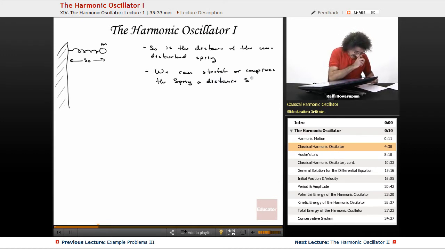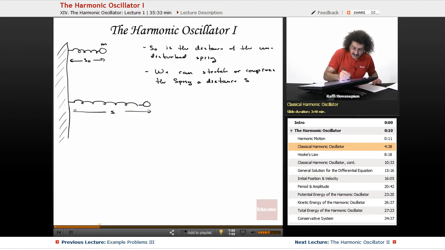If we stretch the spring, here we stretched it, and now this distance is s. Or we can compress it. We've pushed the spring in, so now this is the distance s.